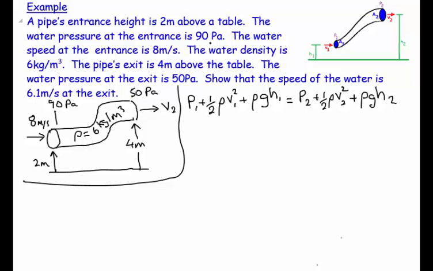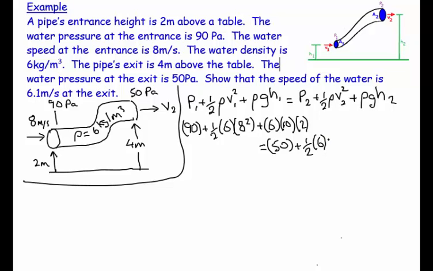So the rest is actually math. We say, well, we had 90 Pascal plus 1/2 times 6 times 8 squared plus 6 times 10 times 2 is equal to, well, it's going to be 50 plus 1/2 times 6 times v squared, that's what I want, plus 6 times 10 times 4.